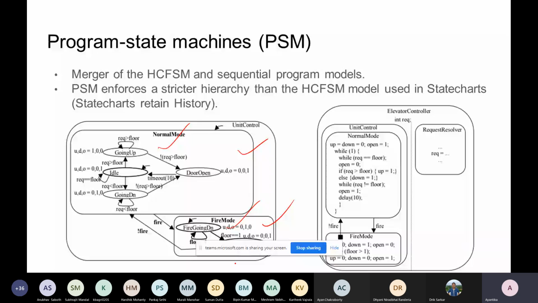But consider the unit control and the request resolver. If you do not remember, go back to the example we discussed.